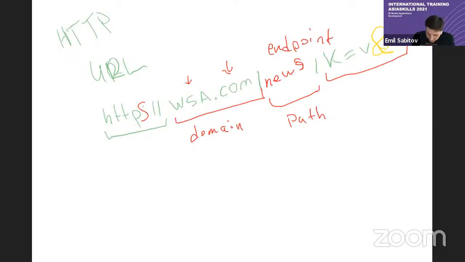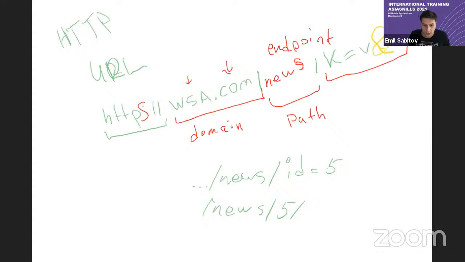For example, if we want to get news with ID number 5, we can write it this way, or in modern web services, it can be written like this without parameters. So these keys and values are named GET params, that can be sent to a server for saving something or for getting information by the needed requests.